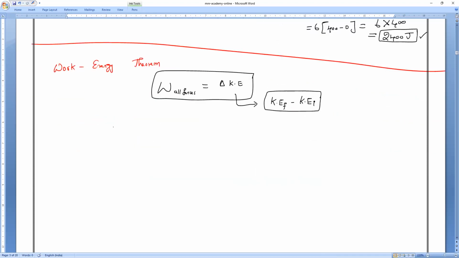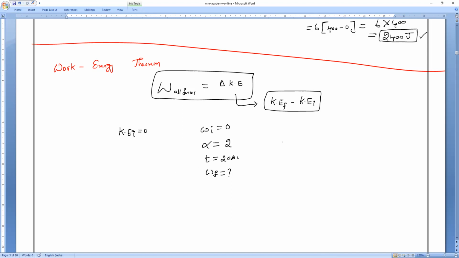The body is initially at rest, so what is the initial kinetic energy? It is 0, because initially the angular velocity is 0. The alpha value I got is 2, and time is 20 seconds. Now we want the final angular velocity.